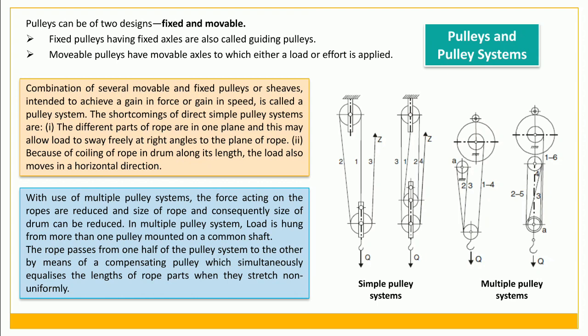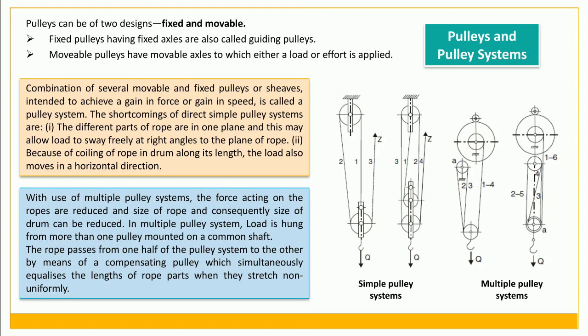Now, a combination of several movable and fixed pulleys or sheaves intended to achieve a gain in force or gain in speed is actually known as a pulley system. Now, the shortcomings of the simple pulley system, where a single pulley is used, are the shortcomings of directly suspending the load from the rope end or of employing a simple pulley for gaining force during hoisting of the load.